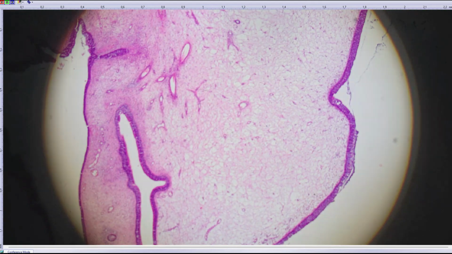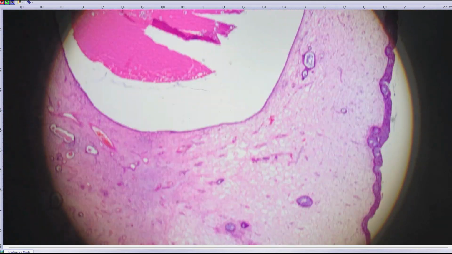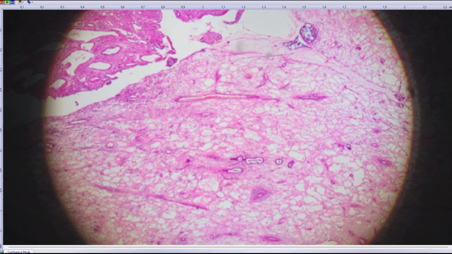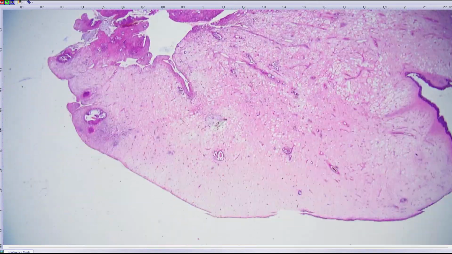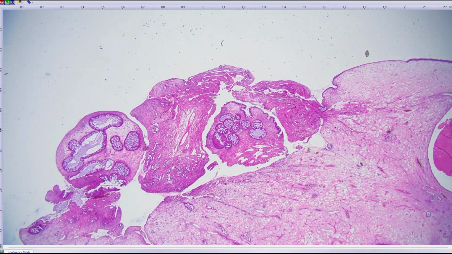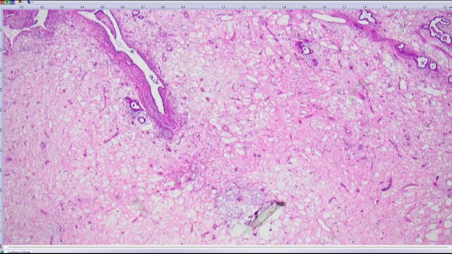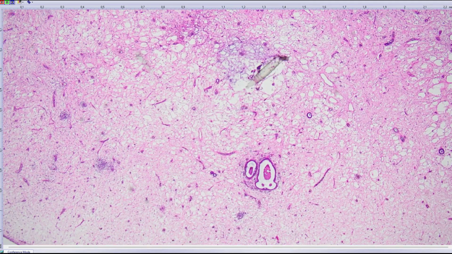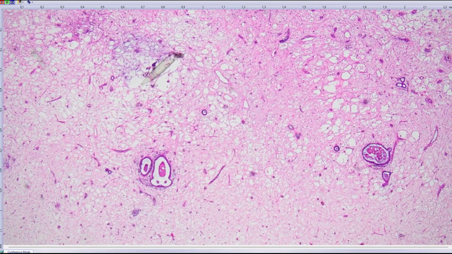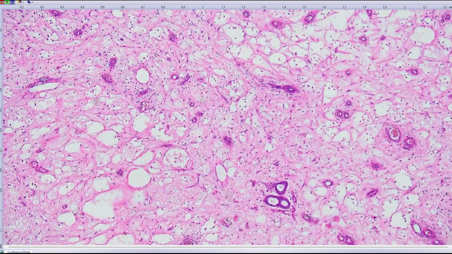Here is another, just to show you versatility and difference. Another case I saw a few days ago of a nasal lesion. It has some areas with seromucinous hamartoma, and those are typical glandular structures arising in seromucinous hamartoma, as you can see here.